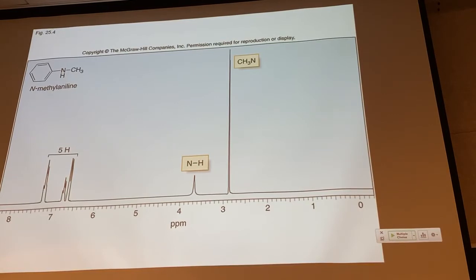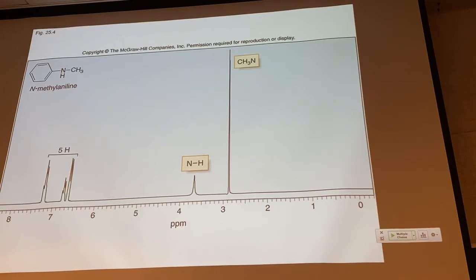I'll give you a hint. It's the same situation with OHs. Alcohols are the same. They appear across a wide range. What do OHs and NHs have in common with each other? What can they do with each other? Yes, they can hydrogen bond to each other.